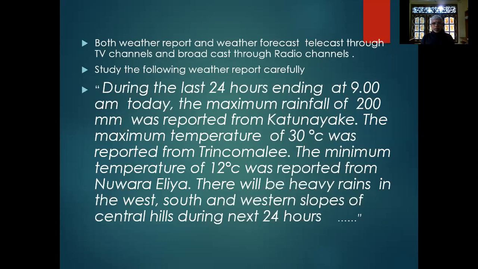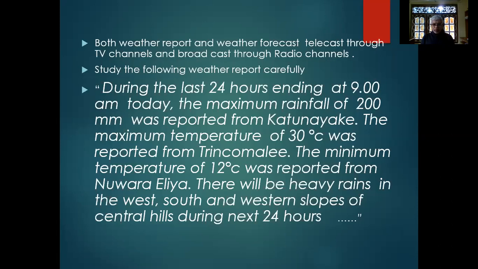The maximum temperature of 30 degrees Celsius was reported from Trincomalee. The minimum temperature of 12 degrees Celsius was reported from Nuwara Eliya. That is, up to that point, it is the weather report.